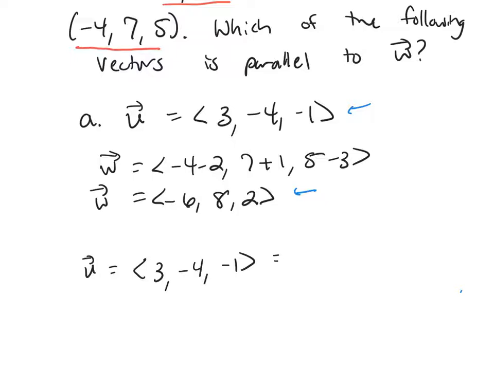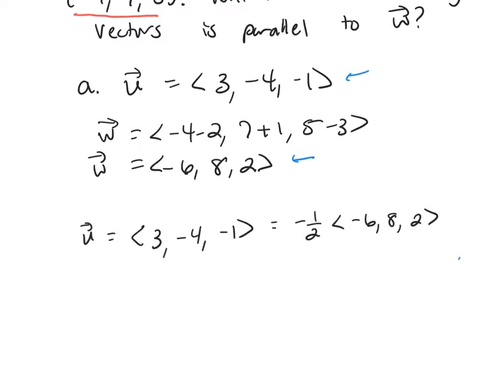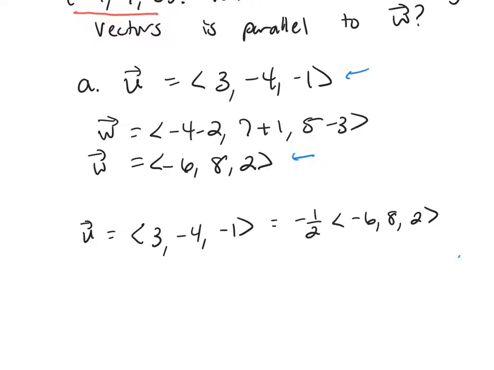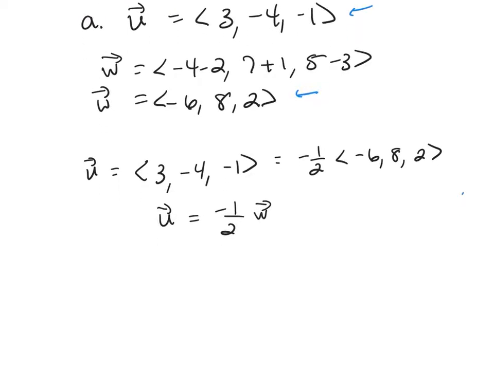If I take w and multiply by -1/2, the negative will flip the sign, so it'll become positive, negative, negative, which matches up with u, and I'll get a +3, a -4, and a -1. So in the end, I was able to write u as -1/2 w. So my answer is that u is parallel to w.